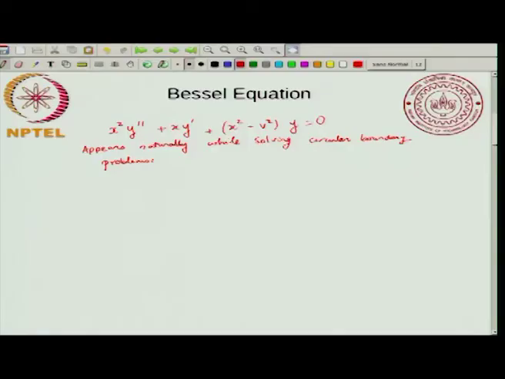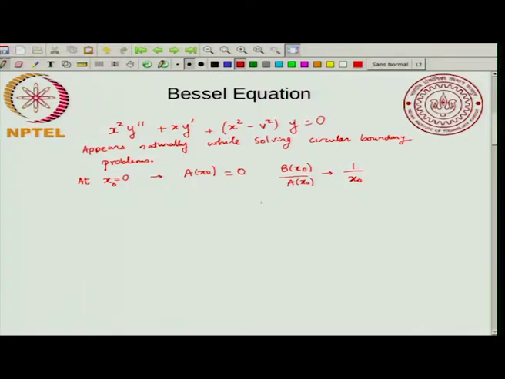Okay. Now, let us take this equation. Now, what we see is that at x 0 equal to 0, a of x 0 equal to 0, and b of x 0 divided by a of x 0 goes as 1 over x 0.